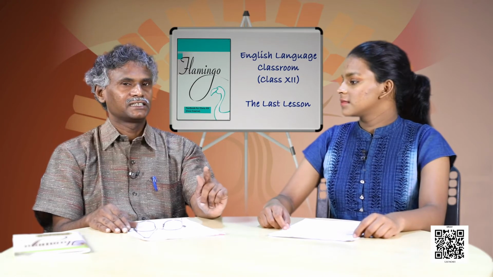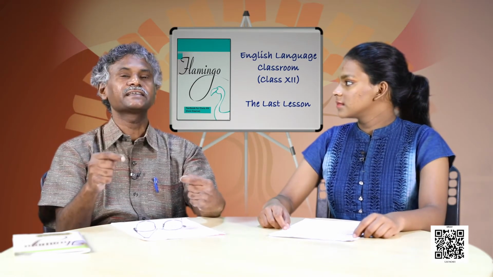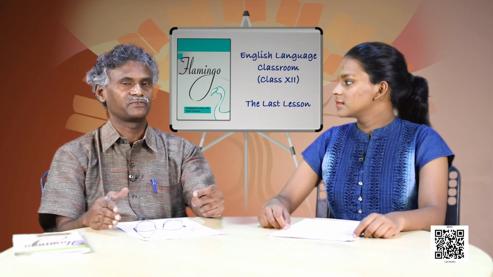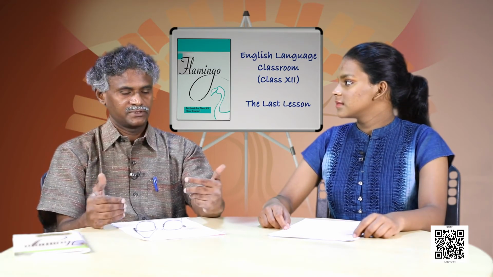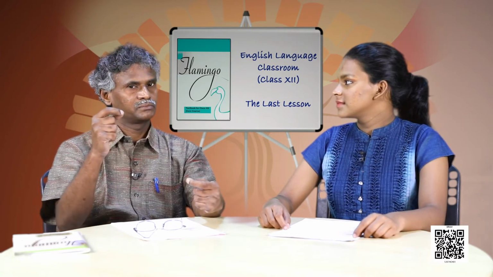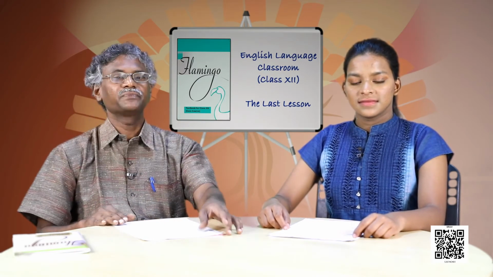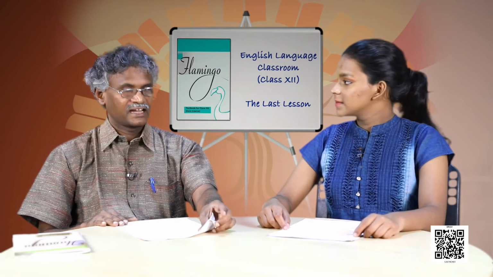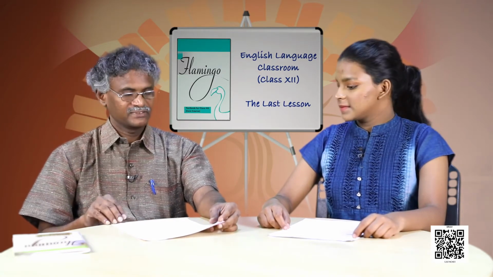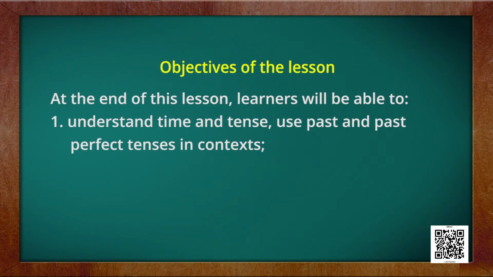So, learners, let me take you to the next level. Today's lesson is noticing form, that is past perfect form. Before we move on to discuss and learn the past perfect form, let me read out the objectives of the lesson. Devyani and learners, at the end of this lesson, we will be able to understand time and tense, and use past and past perfect tenses in context.